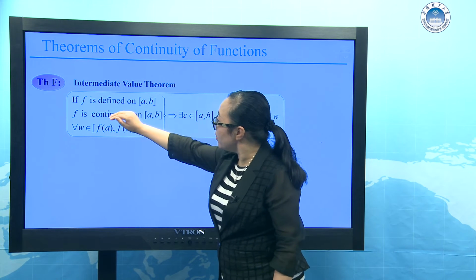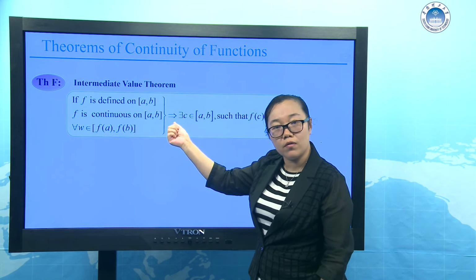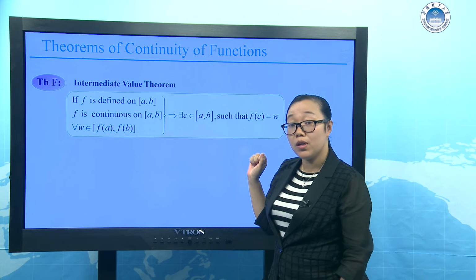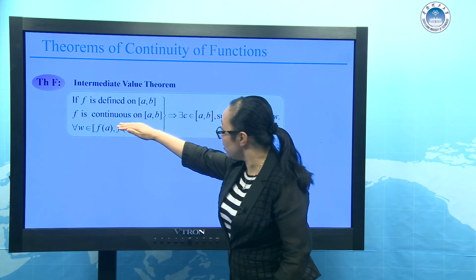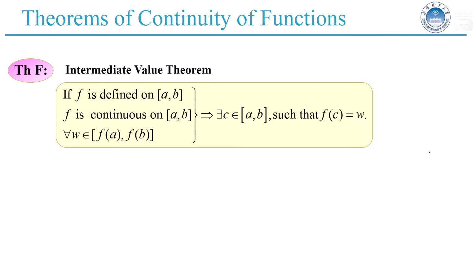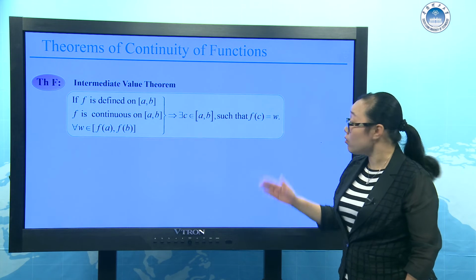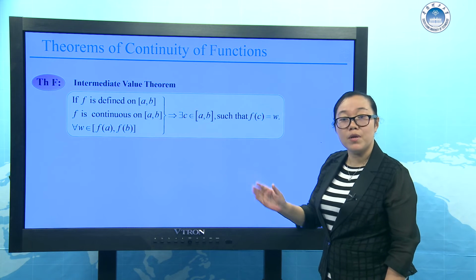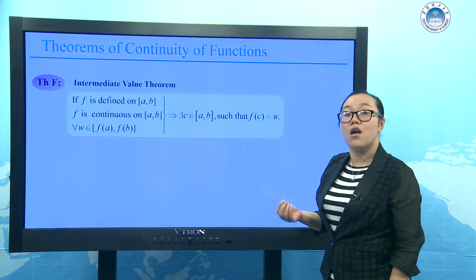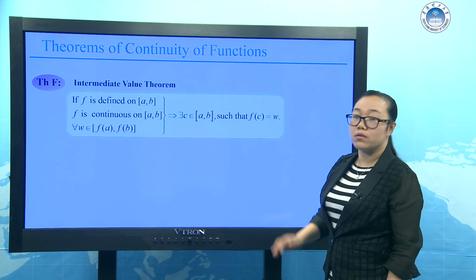Suppose f is defined on the closed interval [a, b], and f is continuous on [a, b]. For any w between f(a) and f(b), we will always find some c in [a, b] such that f(c) equals w. That means there exists some c such that f(c) equals w.